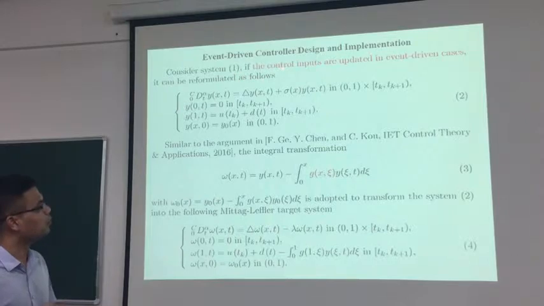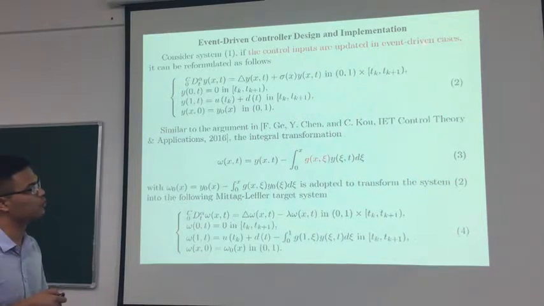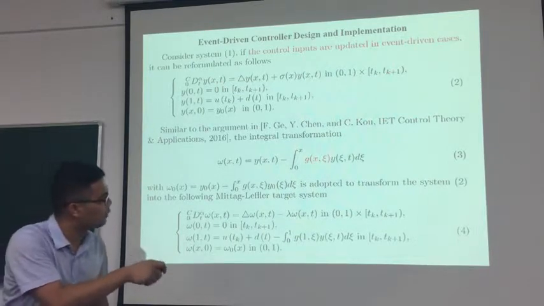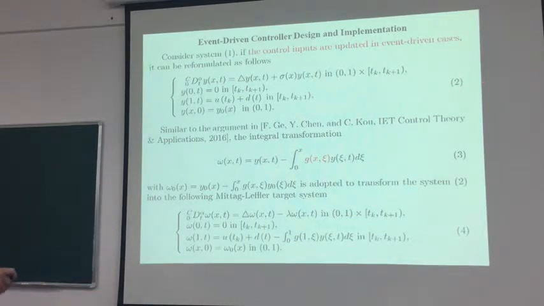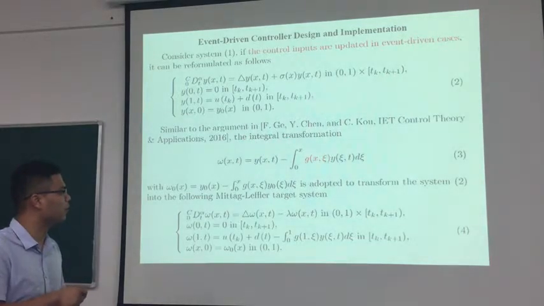Okay, when the control inputs are updated in event-driven cases, the system 1 can be rewritten as this one, called the system 2. Similar to our previous work in 2016, the integral transform could transform the system 2 into this target system.